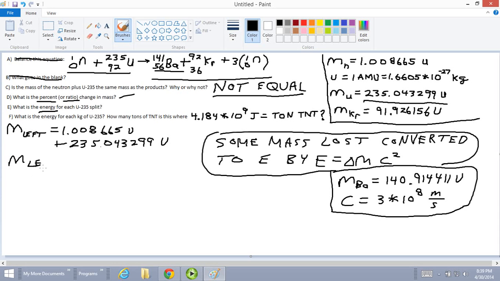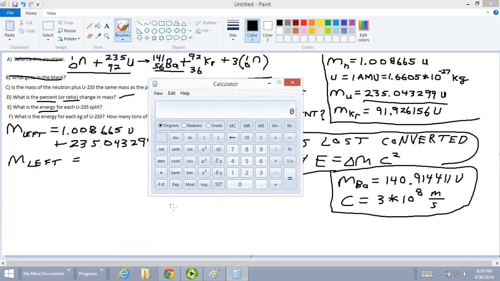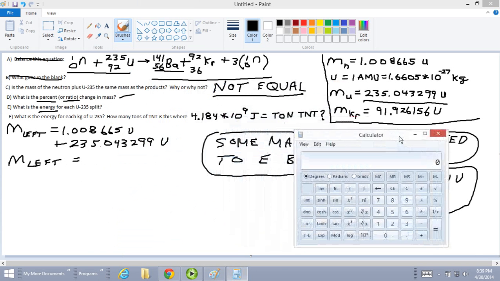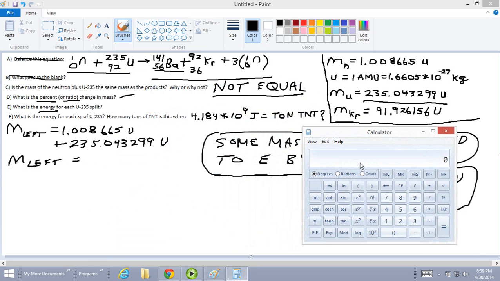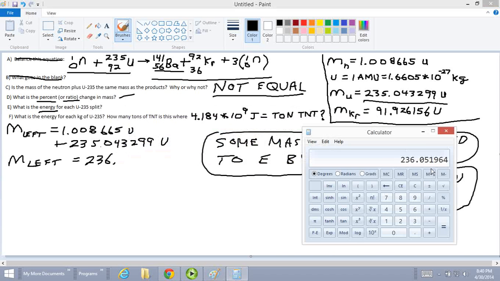The left side mass then equals, I'll pull up the calculator, 1.008665 plus 235.043299 equals 236.051964.